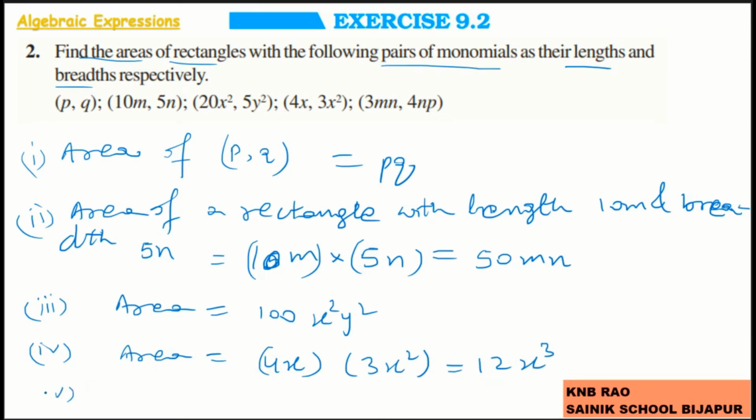And in the fifth one, the area will be 3mn multiplied by 4np, which gives 12mn square p.